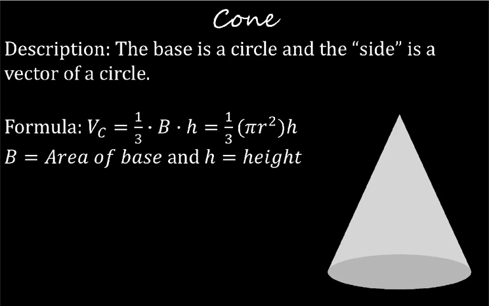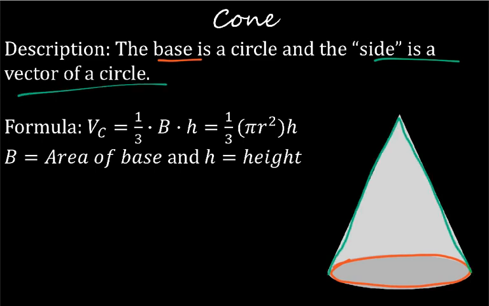Here we have a cone. The base of a cone is a circle. So here's the base. And again, the side, which is the lateral face, is a sector of a circle. So here, if we unfolded this, it would look like this.